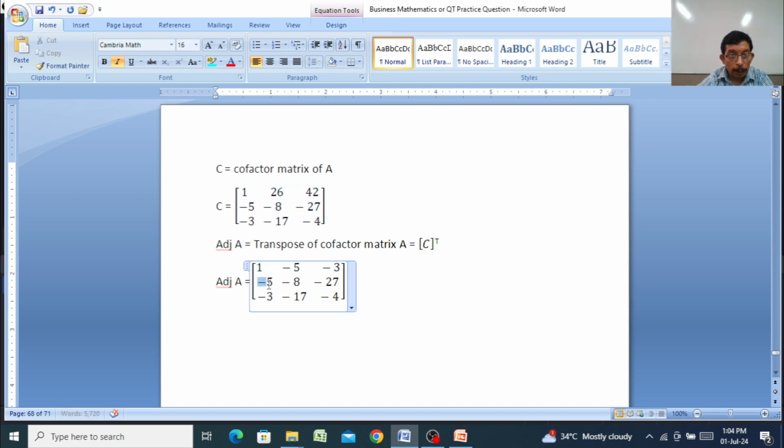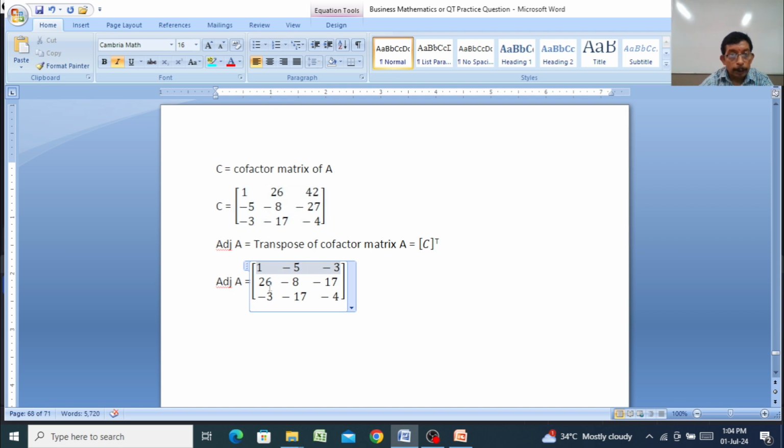Then minus 5 is interchanged by 26, minus 8, and 27 is interchanged by minus 17. Now the last column, third column, is interchanged by the last row, third row.